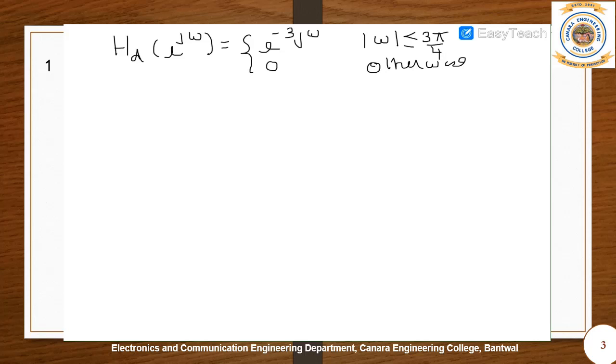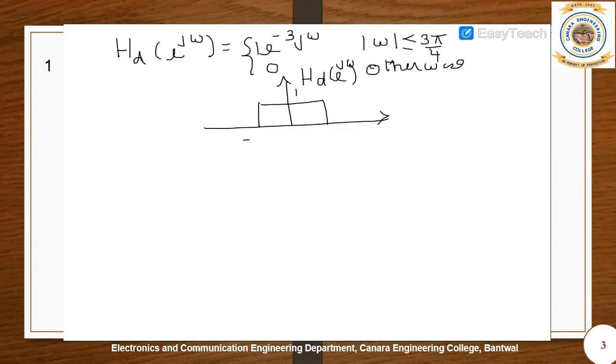This is the desired frequency response expected from the low pass filter. So we have a low pass filter whose magnitude is 1 and varies from minus 3 pi by 4 to plus 3 pi by 4.